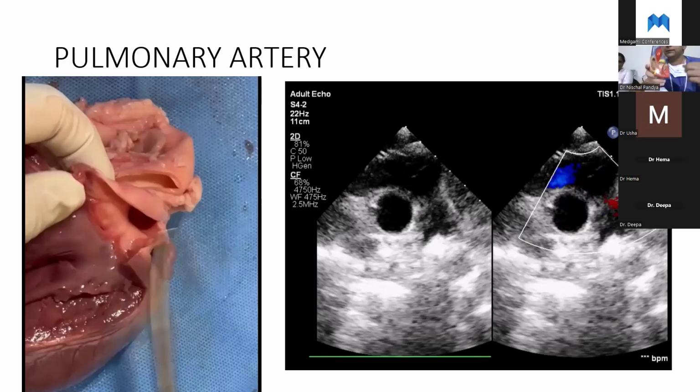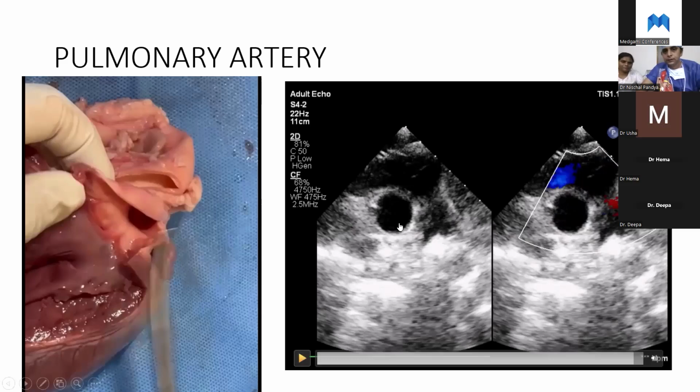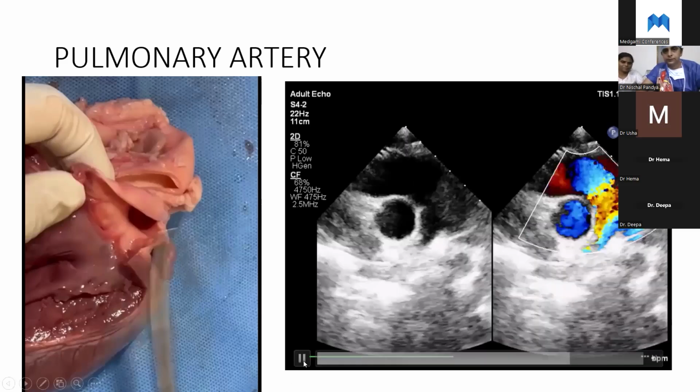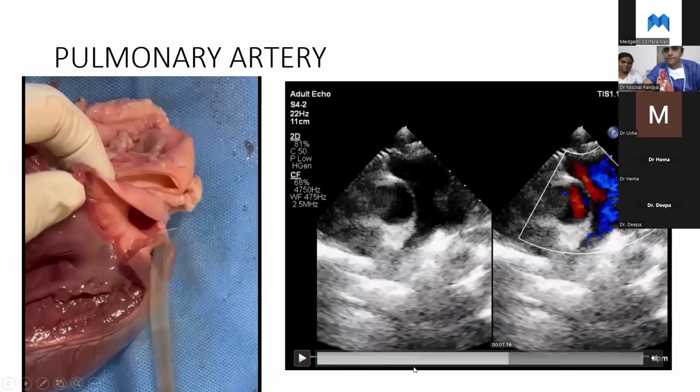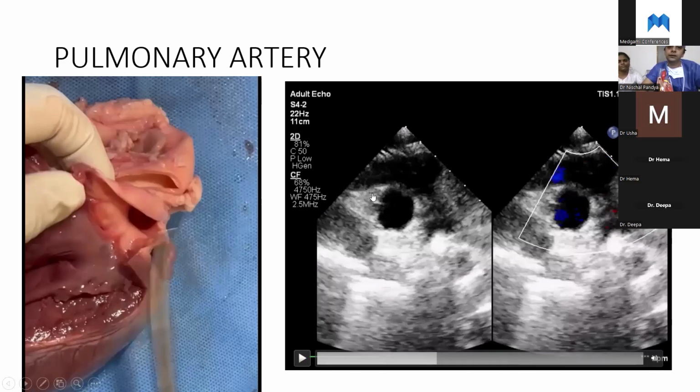And when we come to the echo, when you look at this view, you would see a subaortic VSD in this portion, perimembranous extending to subaortic. Then between around 11 to 2 would be a doubly committed VSD.